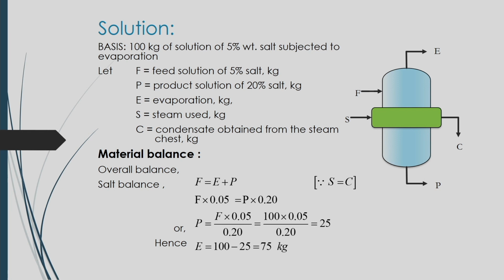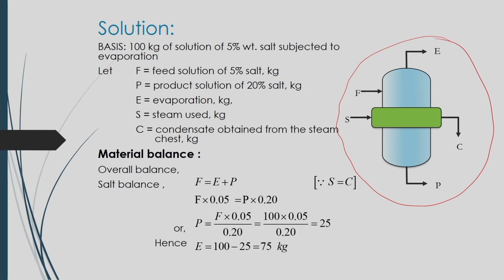As a basis, we can take 100 kg of solution where 5 weight percent salt will be there, subjected to that evaporation. In this case, as per the figure, this is one evaporator as shown in the slide.